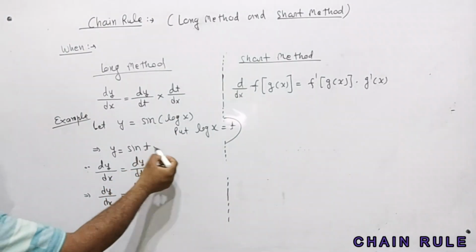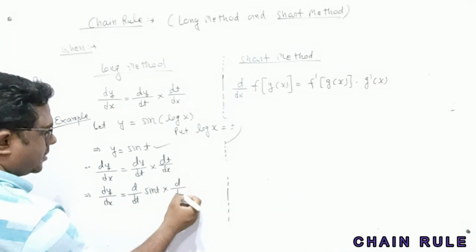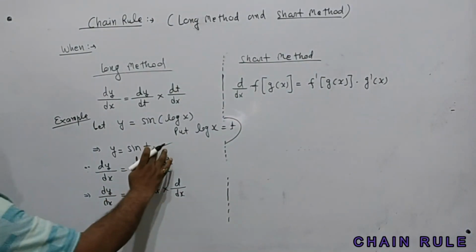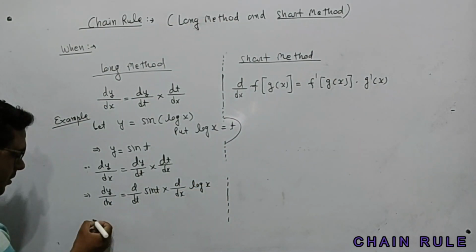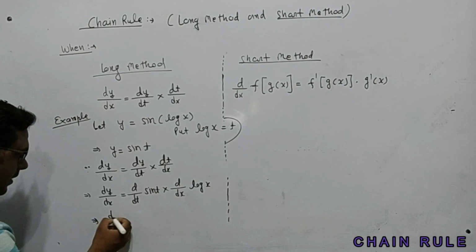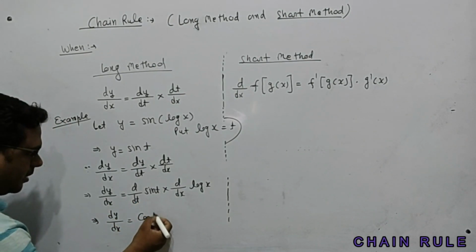So y was sine t, into d upon dx of t. What was t? t was log x. So this implies that dy upon dx is equal to the derivative of sine t, which is cos t.